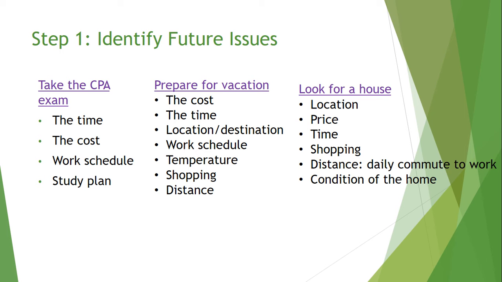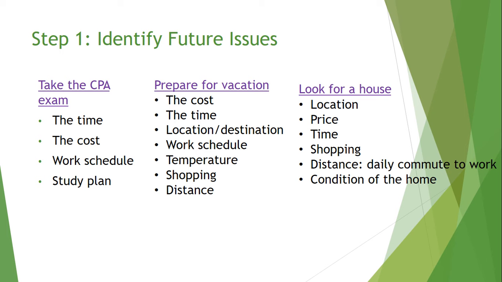Temperature is not a very important piece of information, but it still counts because if the place for vacation is hot, it's not going to be as fun. Shopping, he needs to buy clothes to wear for fun, and the distance that is going to be traveled. So does he need to use a car, or do we need to buy plane tickets to go on the trip?